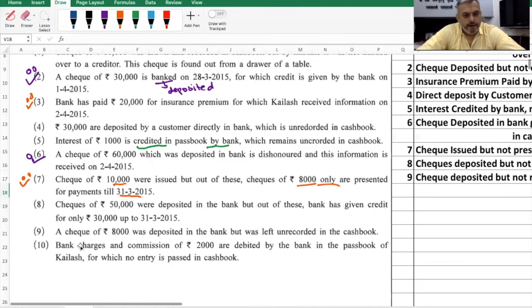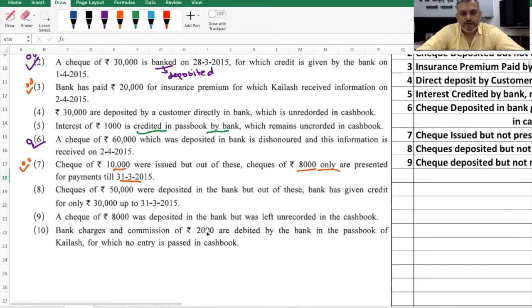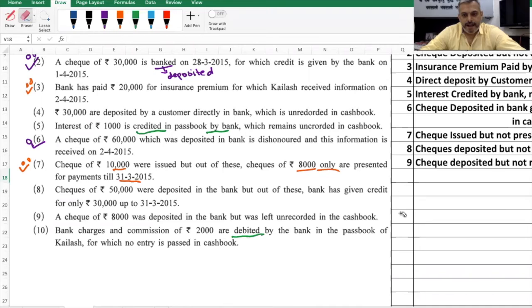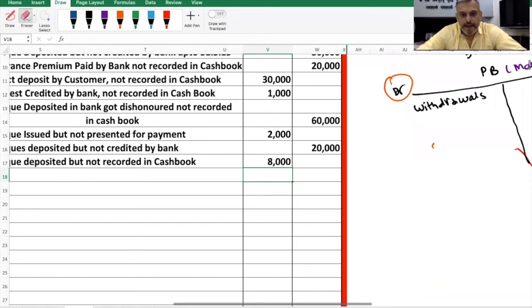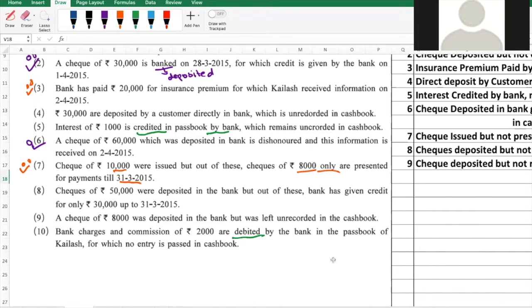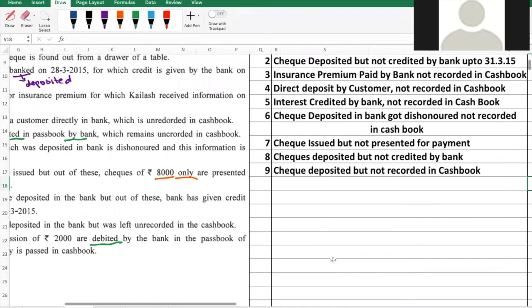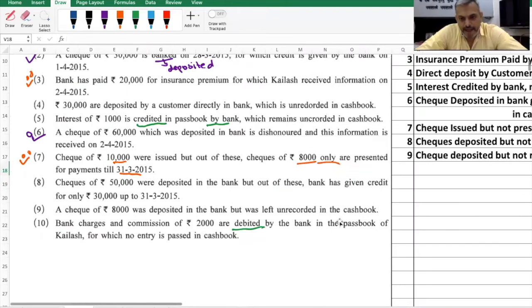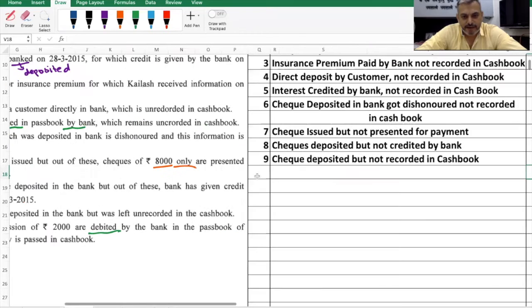10. Very simple. Bank charges and commission of 2,000 are debited by bank. It means what? Bank has debited, we have to credit. Very good. It is left by the bank in the passbook of Kailash, for which no entry is passed in the cash book.